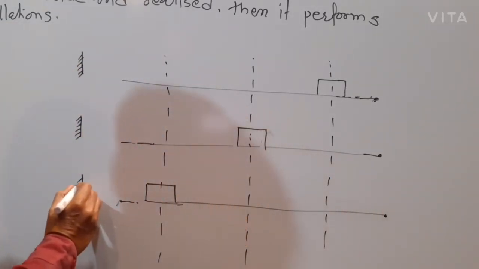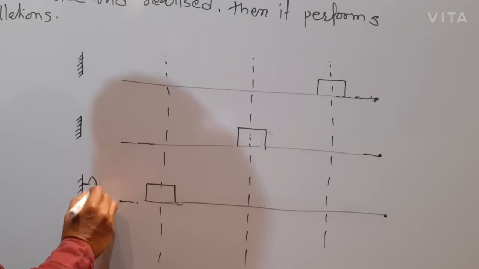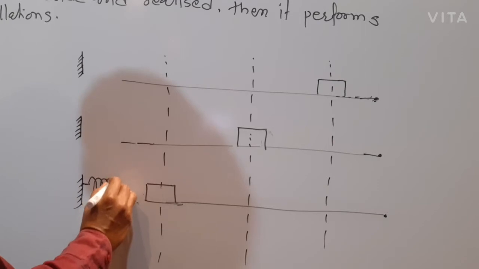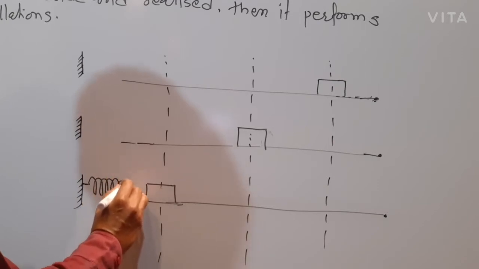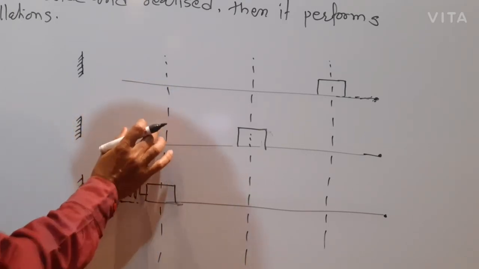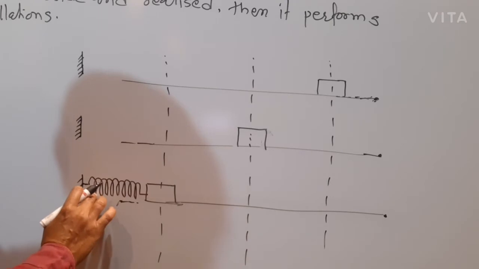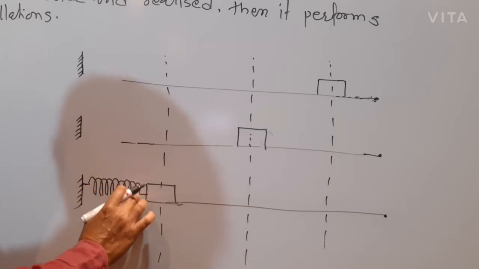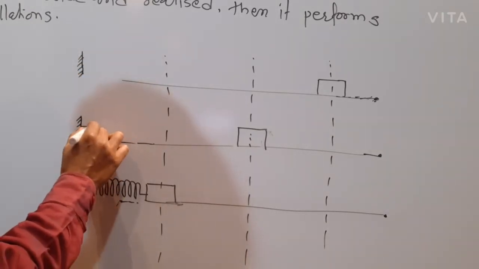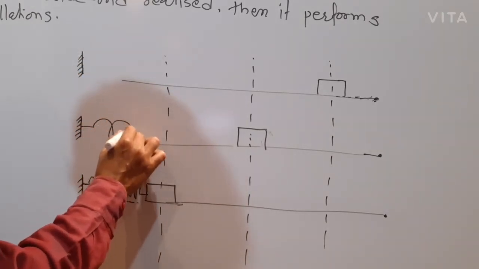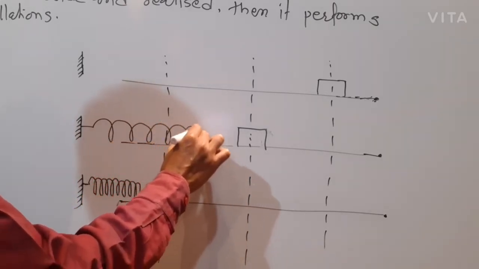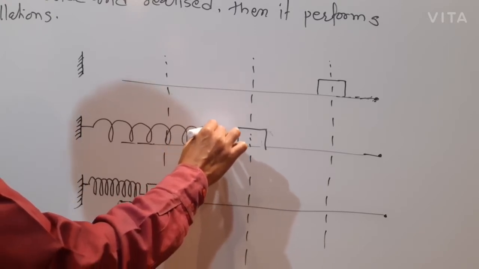Now here the spring is in compressed condition, so write down compressed condition of the spring. Now count the number of coils: 1, 2, 3, 4, 5, 6, 7, 8. If there are 8, then here you must show 8 coils.